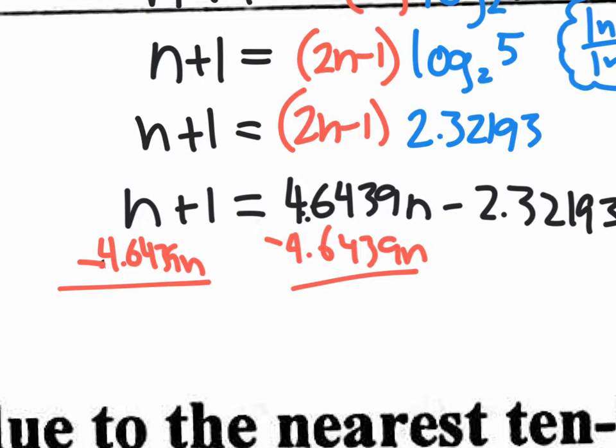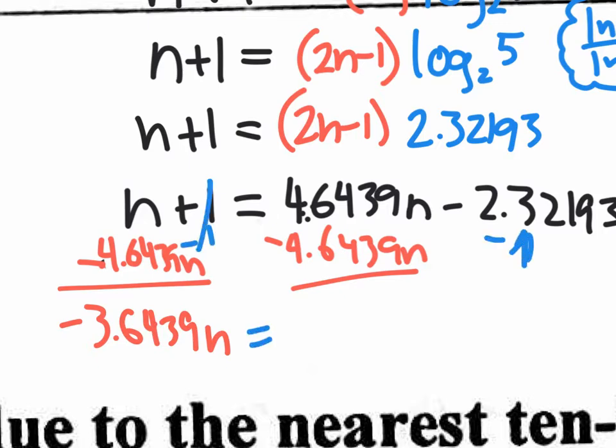So on the calculator, you're going to get negative 3.6439n. And if we do 2 steps in 1, let's also subtract 1. So subtract 1 up here, cancel it, subtract 1 over here, and you'll get equals negative 3.32193.